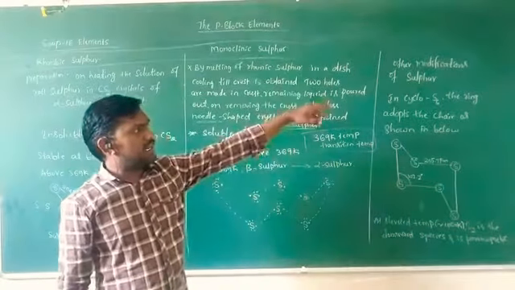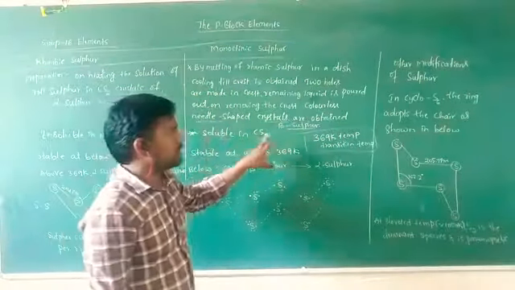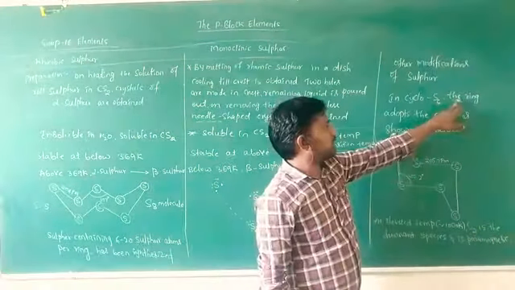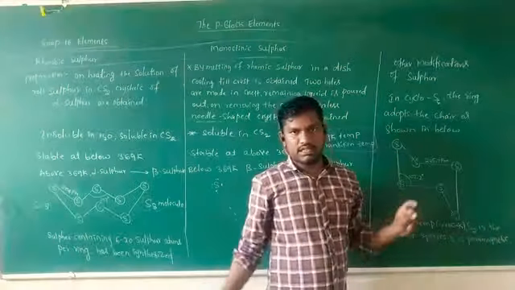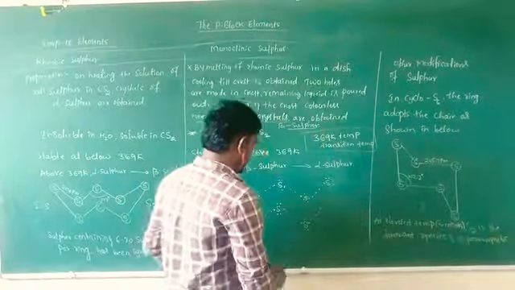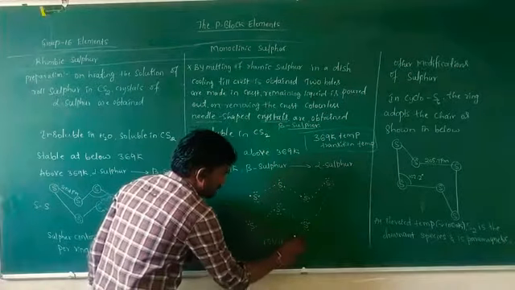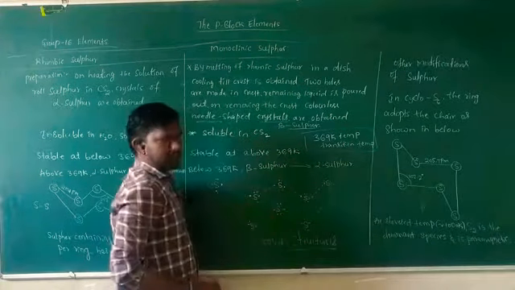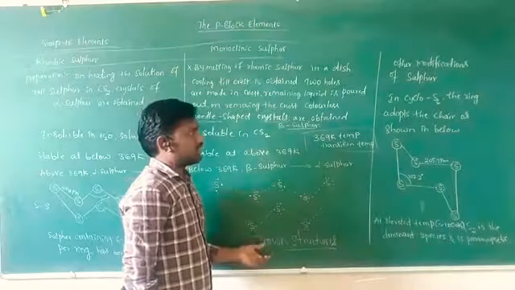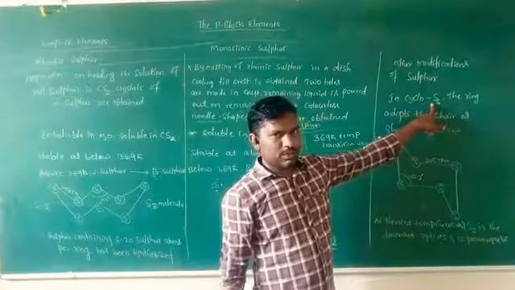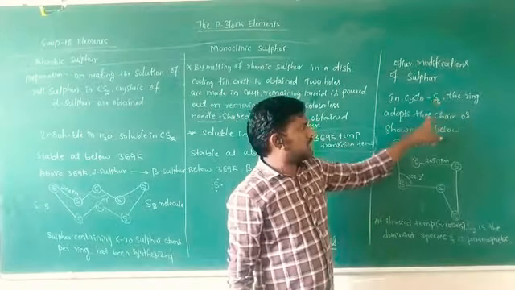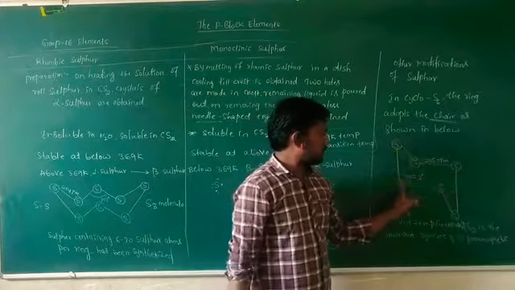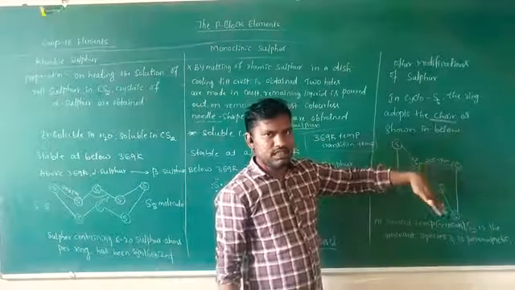The other modifications of the structures of sulfur: in the cyclic S6 molecule, the ring adopts a chair shape. The S8 molecules are arranged like a boat shape or crown structure. But in the cyclo S6 molecule, 6 sulfur atoms are arranged in a ring: 1, 2, 3, 4, 5, 6.